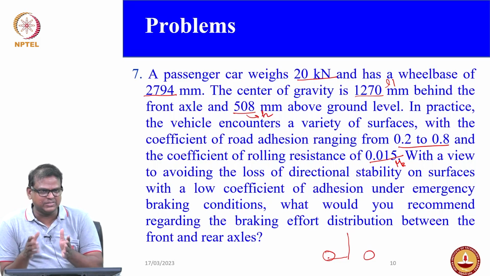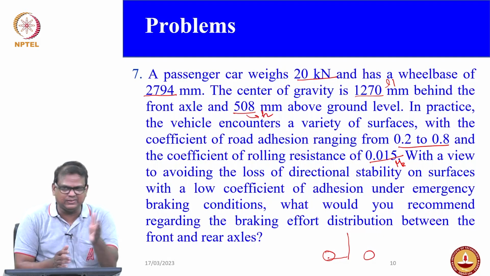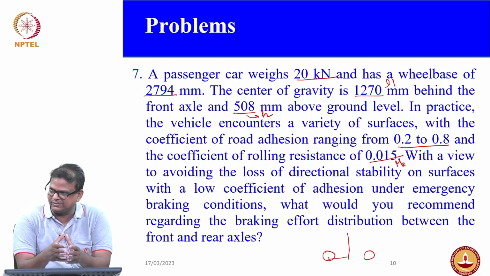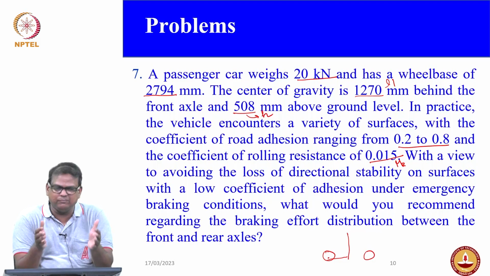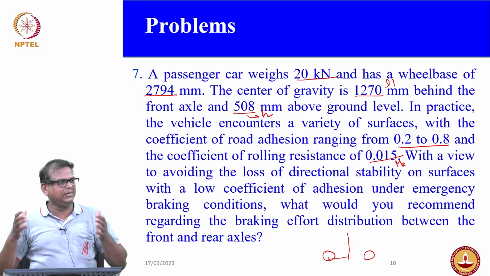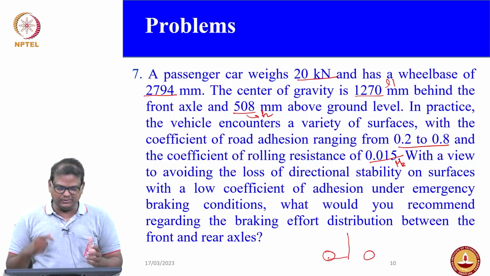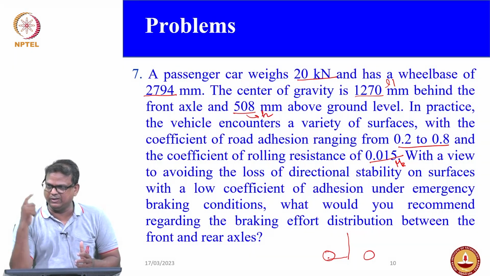Loss of direction means you can't steer or move the vehicle either to the right side or the left side, that is loss of direction. Okay, that will happen when you have a front wheel lock first. If the rear wheel locks first, what happens? Because of that you will have yaw effect, so you will have a spin.